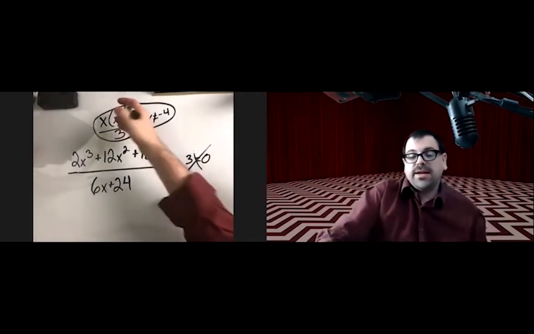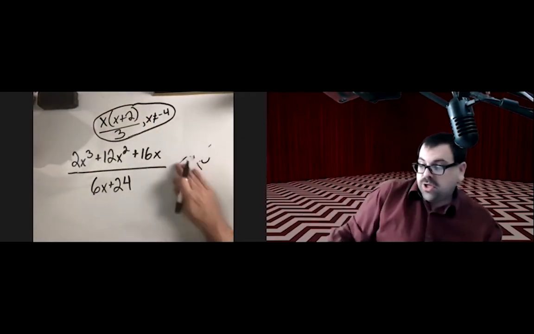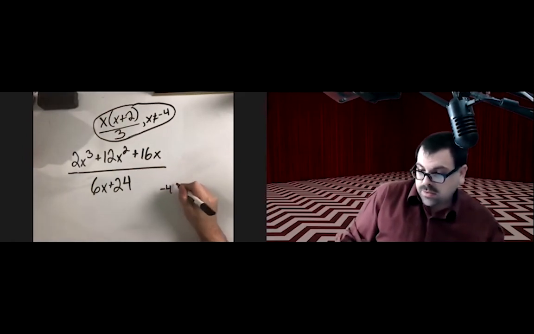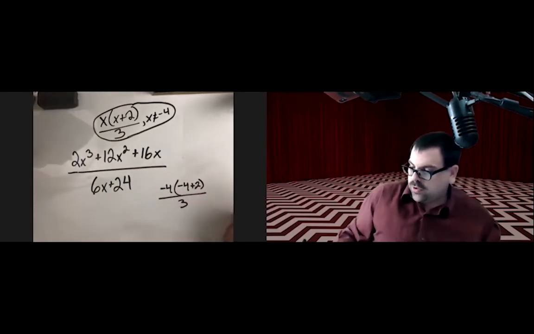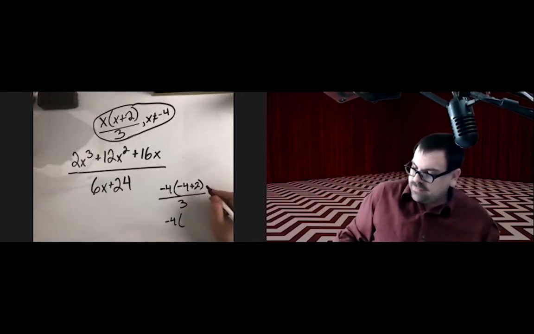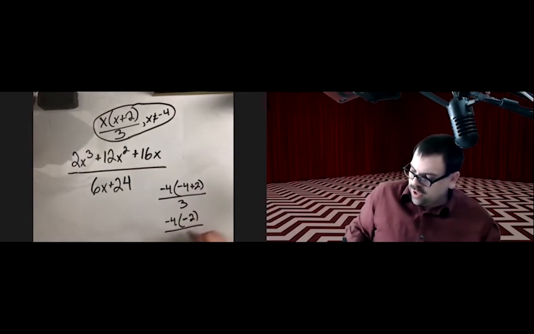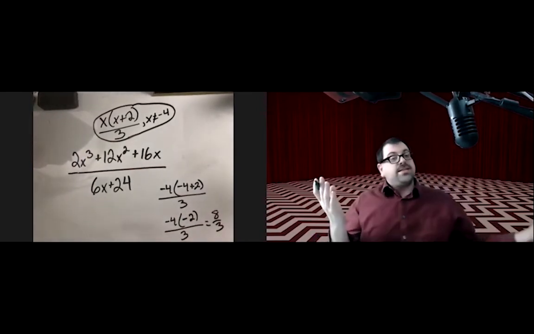So we would come away thinking there are no restricted values. And if we plug -4 into x times (x plus 2) all over 3, we get -4 times -2 all over 3, positive 8/3. We get an answer.